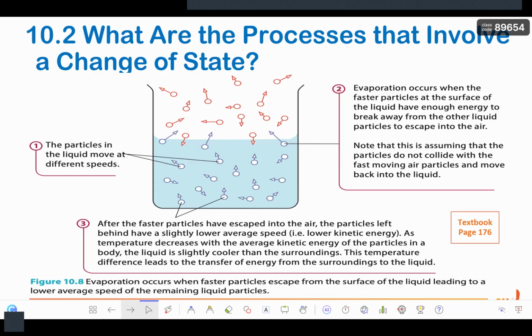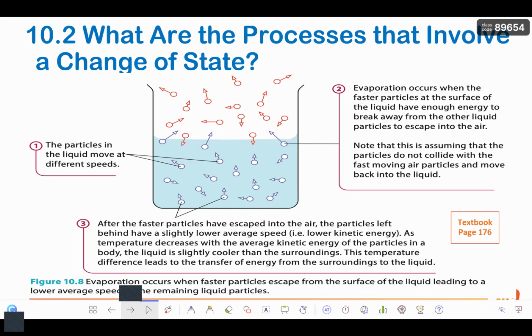We have many examples. For example, human beings sweat whenever we are hot. What happens during sweating is that our body produces a lot of sweat, and the sweat that forms on the skin will take the heat away from the body, from the skin, to evaporate into the surroundings. So as your sweat evaporates, it helps to cool down your body.